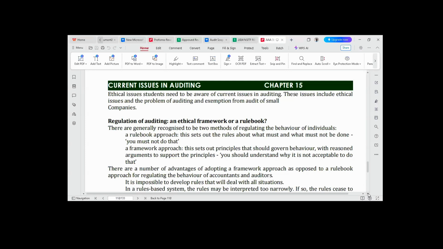But once you have imbibed the principle as a professional that you must have integrity, everything that has to do with integrity, you abide by it. Nobody is going to tell you. Any act, the professional should be able to judge, to evaluate whether it's an act that has breached integrity or not.